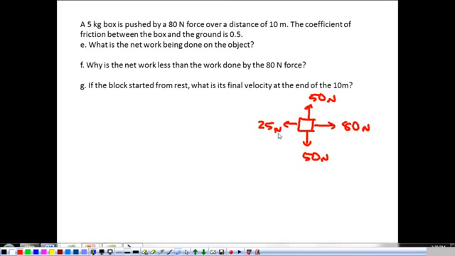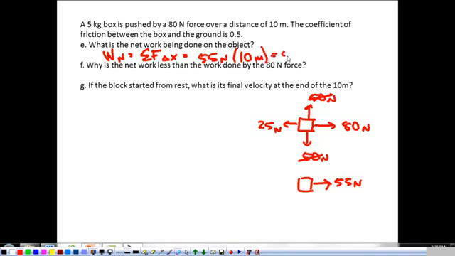Looking at our free body diagram, the 50 and the 50 cancel each other out, and if we wanted the net force acting on our object, 80, 25, it would be 55 newtons. So we could also calculate net work by taking our net force times the displacement. Well, that's 55 newtons of net force times 10 meters of displacement. Do it again. 550 joules.